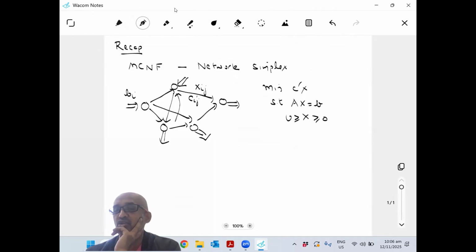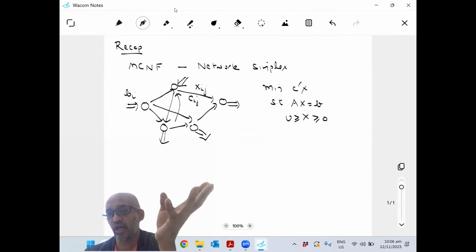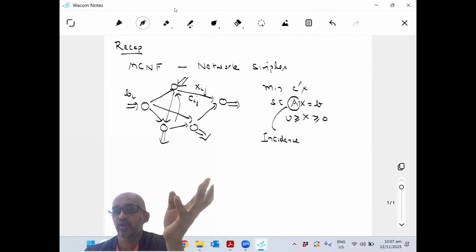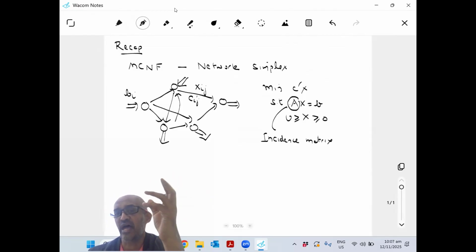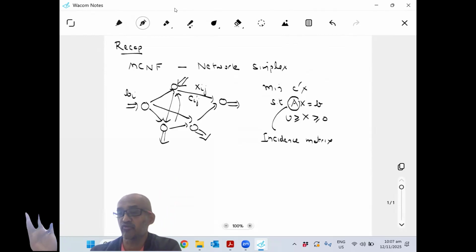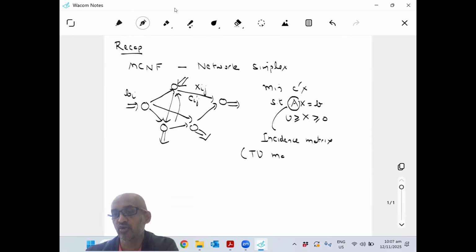The key thing that we discussed last time was that the A matrix for network flows has a nice property. It's called the incidence matrix for a network, and it's got some very nice properties. Because this captures flow conservation, the equality constraints come from the fact that total inflow should be equal to total outflow at any node. This A matrix is what's called totally unimodular, a TU matrix.